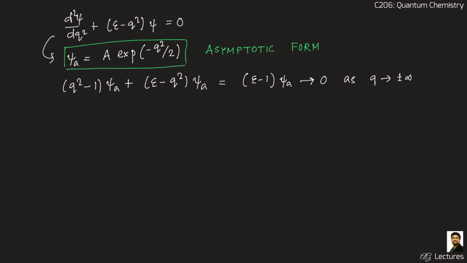Now the question is, what is going to be the general solution, which is not only the asymptotic part, but also the part where q is not tending to plus or minus infinity. Q is 0, for example. So the general solution is the next step, and for that we'll be writing the psi of q.